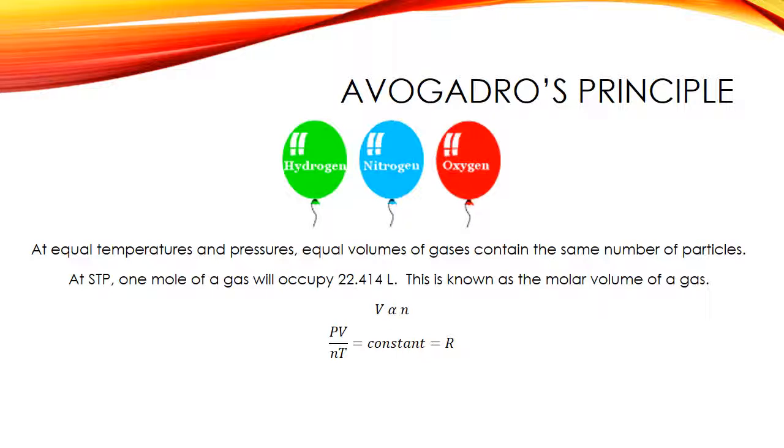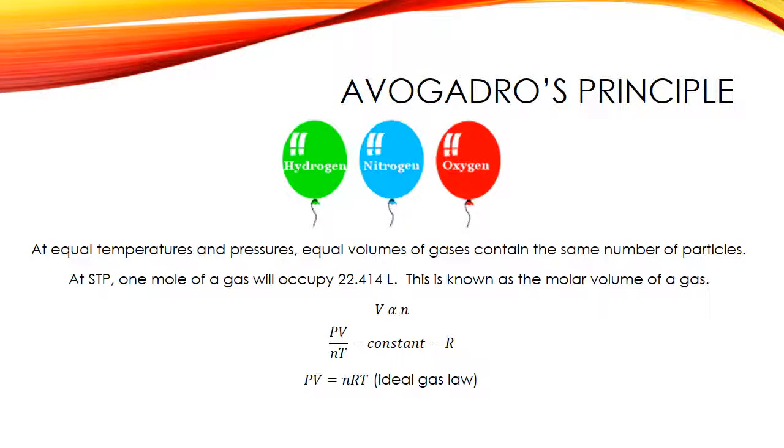If we combine all of these relationships, Avogadro's principle, Boyle's law, Charles' law, Gay-Lussac's law, we would get this. We would see that the ratio of pressure times volume over the number of moles times the temperature is equal to a constant. And that constant, we give this symbol R. That's the universal gas constant.